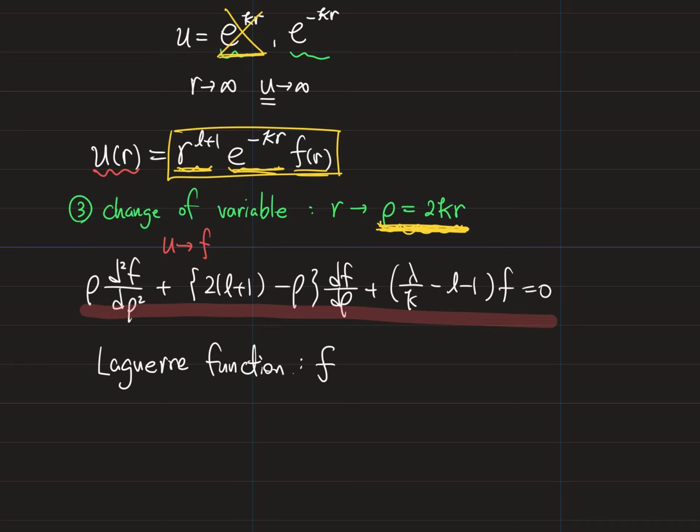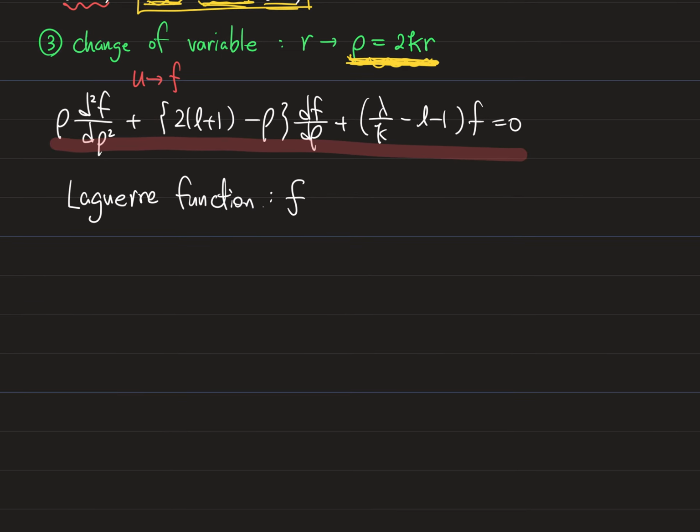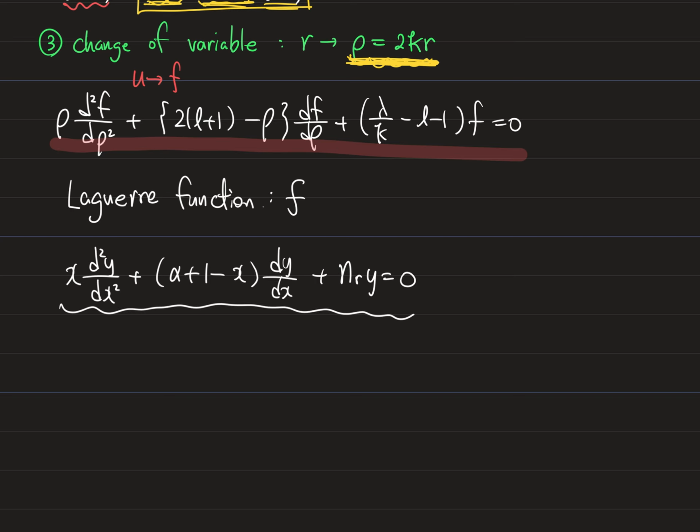So let's write down the Laguerre equation in a more well-known, common form. So this is the Laguerre equation, and the solution for this equation is the Laguerre function of nth order with parameter alpha, n_r.